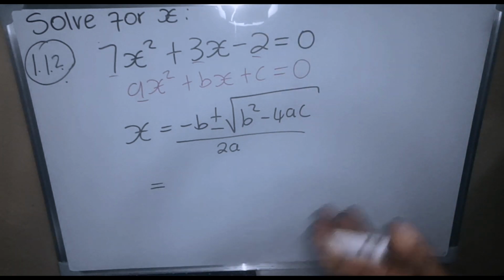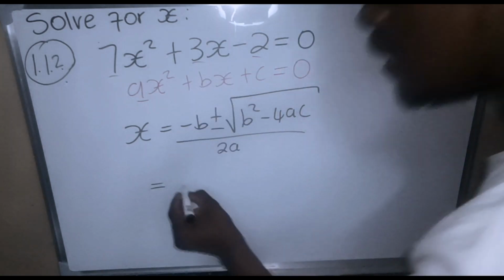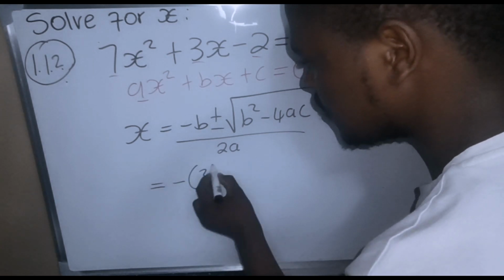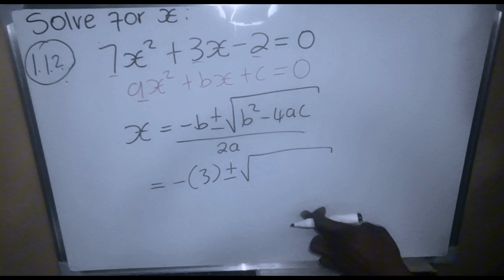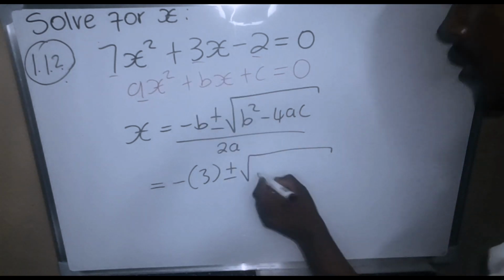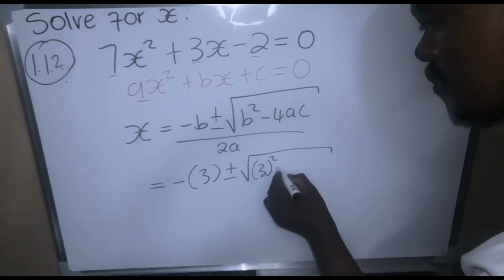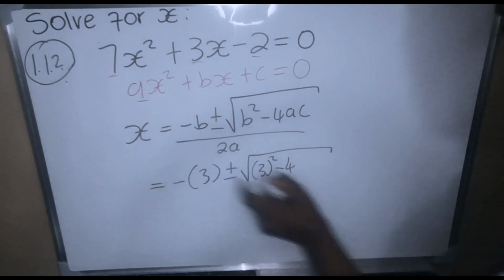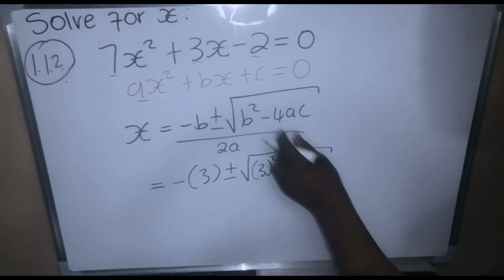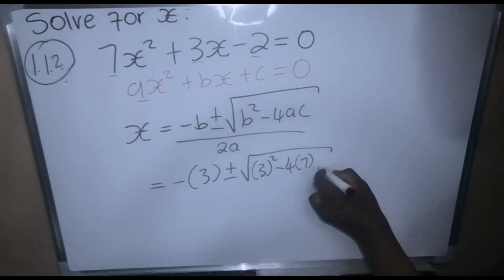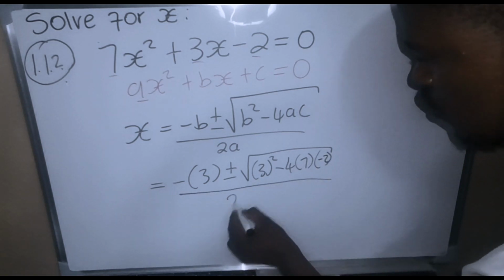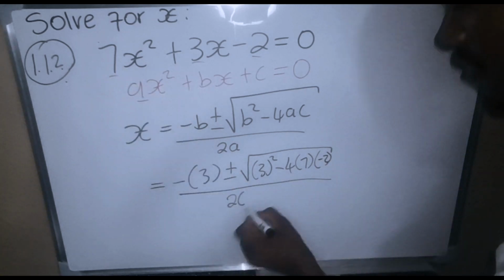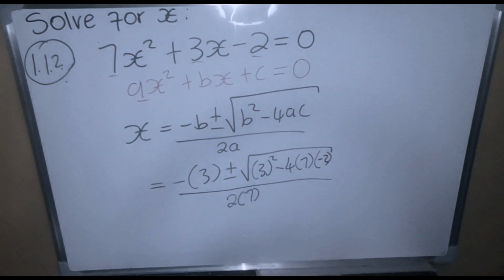Then you substitute: b is 3, so negative 3 plus or minus the square root of 3 squared minus 4 times the value of a, which is 7, times the value of c, which is negative 2, all divided by 2 multiplied by a, which is 7. We are clear here, guys.